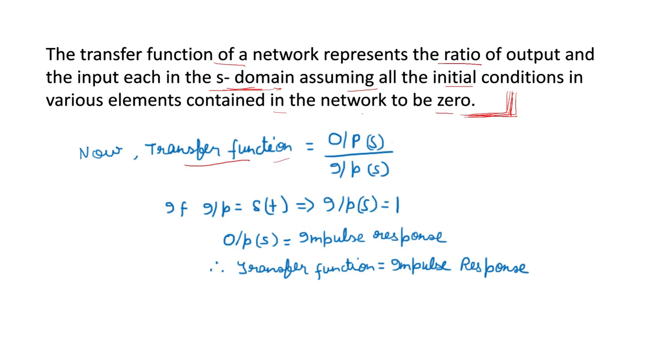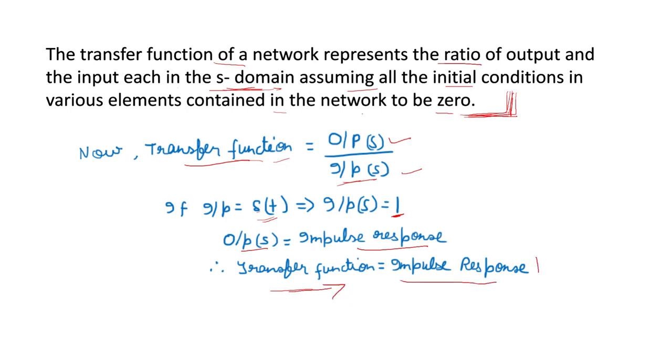So you can write the transfer function as output in S domain upon input in S domain. Now if the input is an impulse signal, then in S domain it is written as 1. So the output which you will get will be called the impulse response. Thus the transfer function is also known as the impulse response of a system.